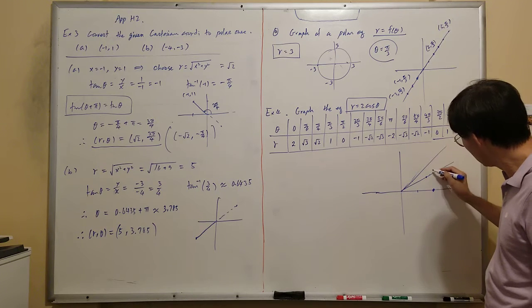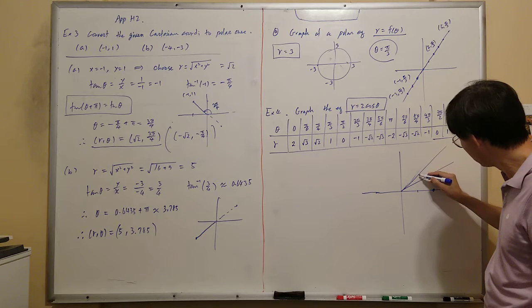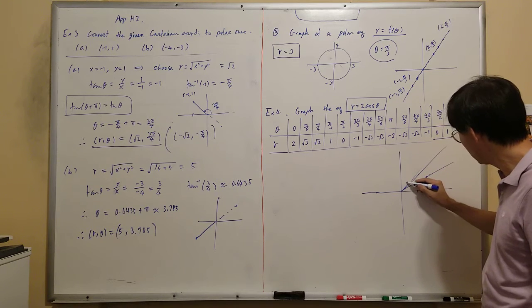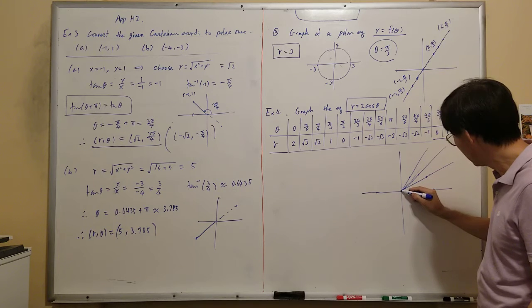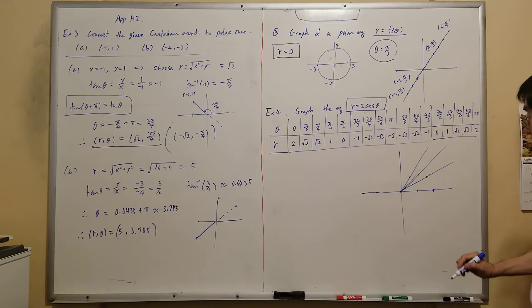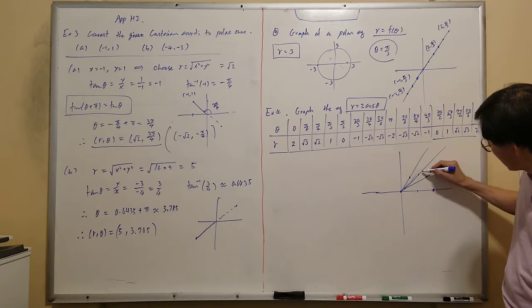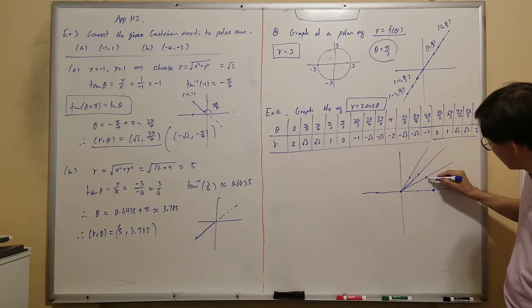Length 1, length 2, around here, right? And then here you have length 1, same length. And then over here, right? We have something like this, a bit higher, lower.